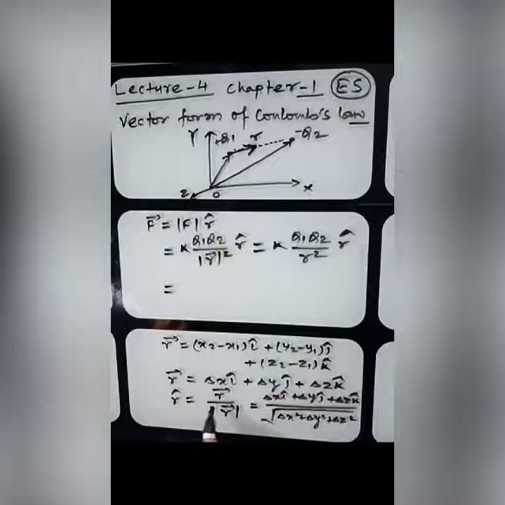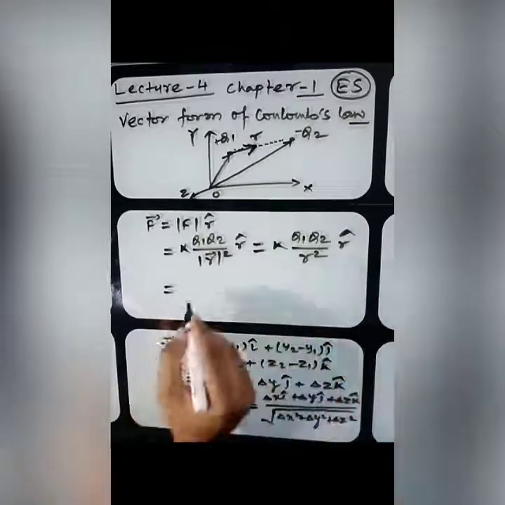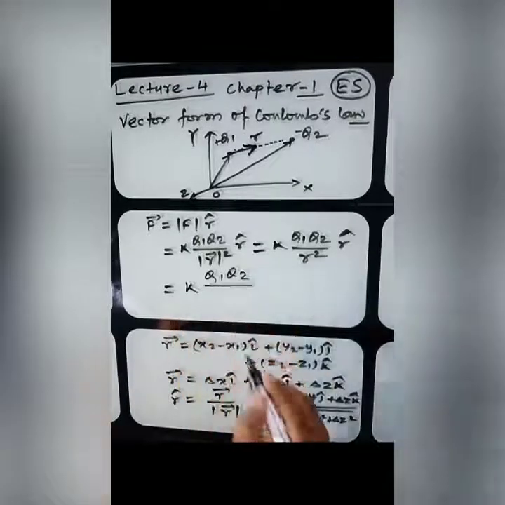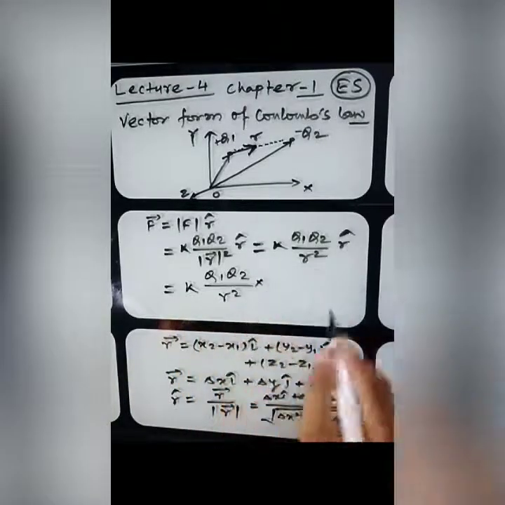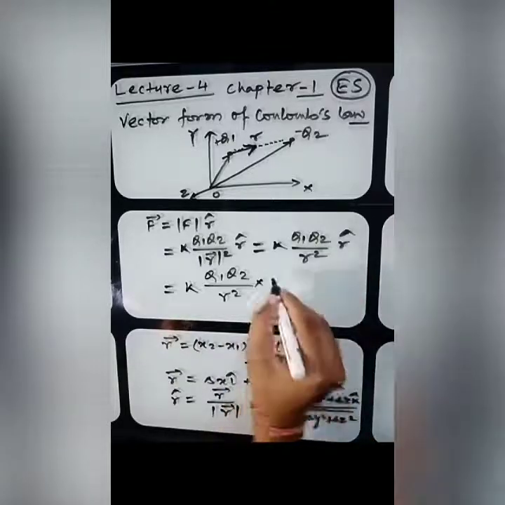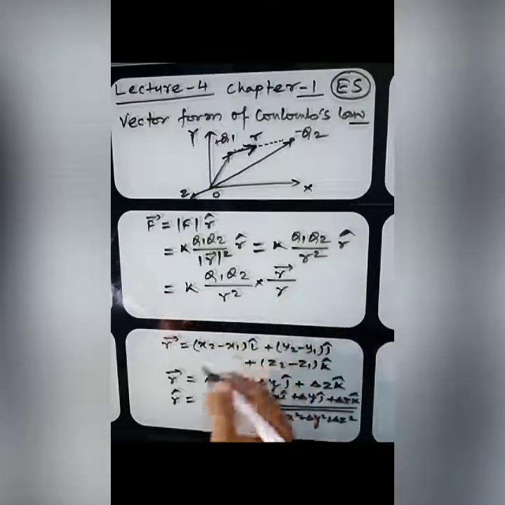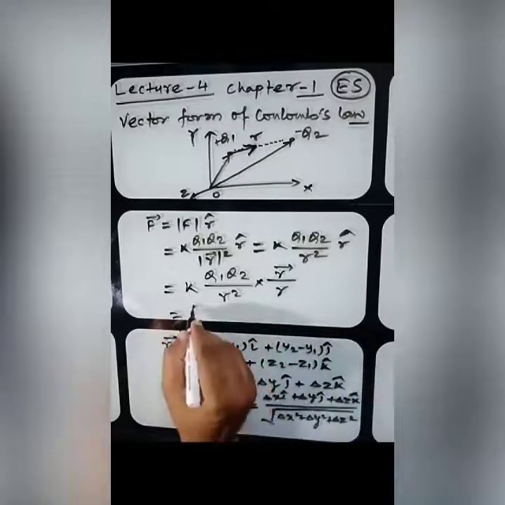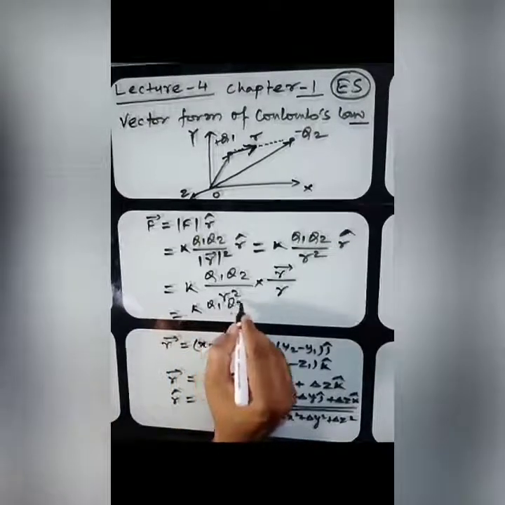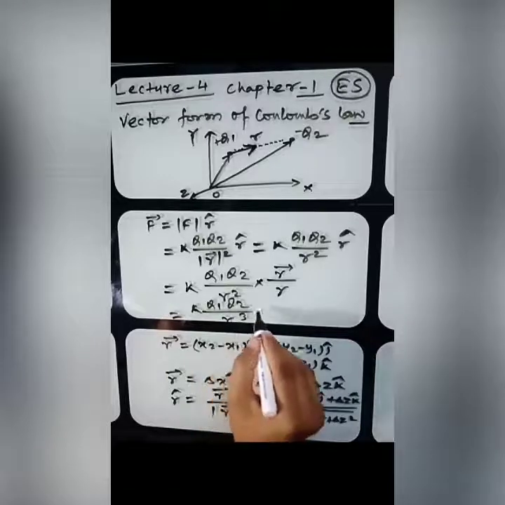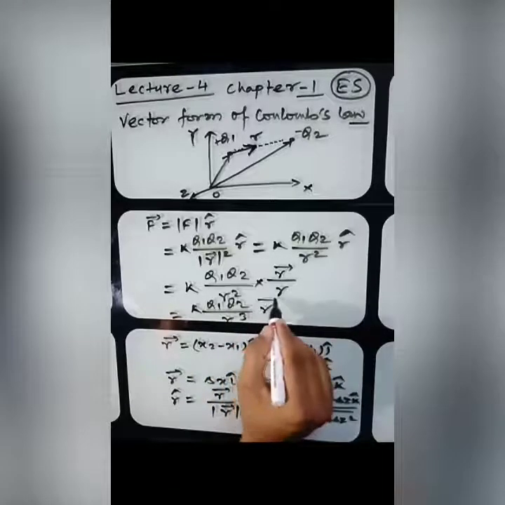Here r cap can be written as vector r by mod of vector r, and mod of vector r is itself r. So this can be written as K Q1 Q2 by r cube times vector r.